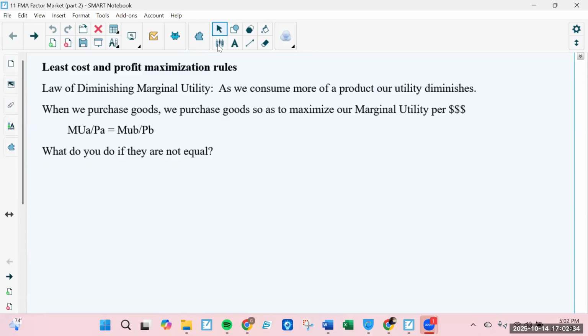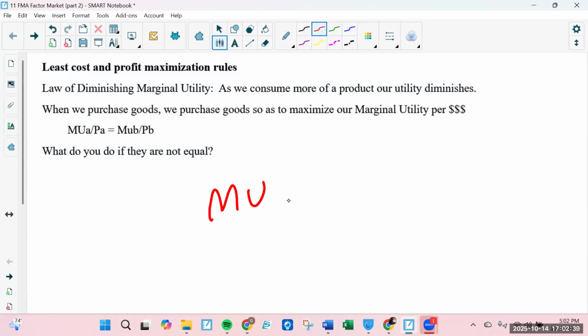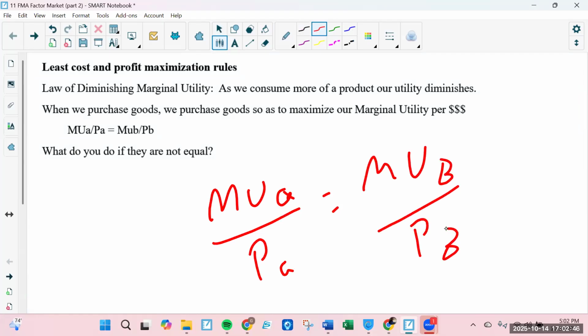If you'll remember from that first unit, we use this formula: the marginal utility of good A over the price of good A should be equal to the marginal utility of good B over the price of good B. And we said that if the additional satisfaction per dollar of good A is greater than the additional satisfaction per dollar of good B, then you should buy more of A and less of B. When you did that, the marginal utility of A would go down, and eventually these two would become equal to each other.